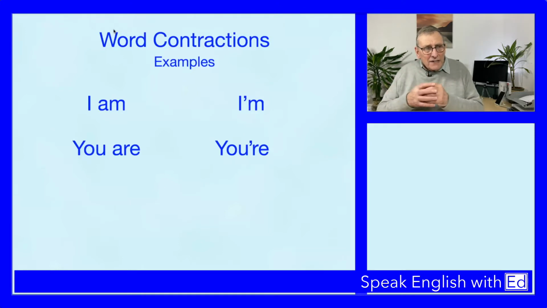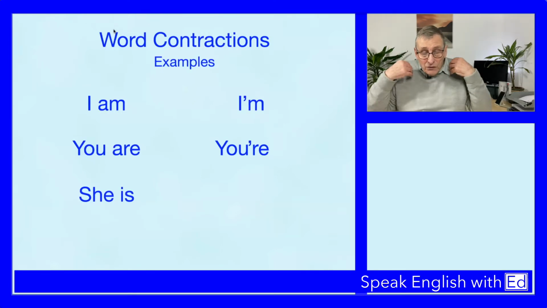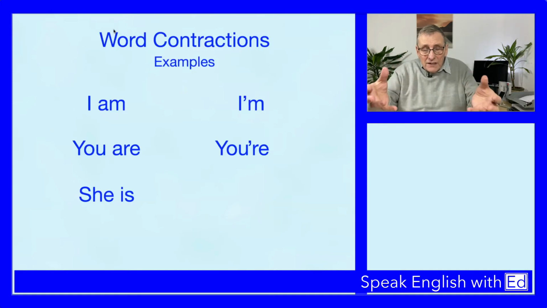It's not your as in your children or your car, your house. It's you're. The first one is first person, I am. The second one is second person, you are, when you're referring to the listener.